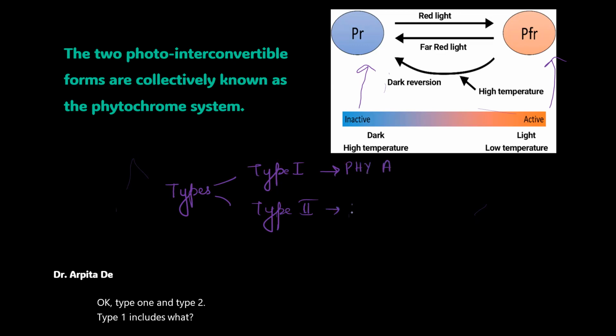PHY A, and type 2 includes PHY B, C, D, E. Okay, now see this PHY A. Please note this, I'm going slow so that you don't go wrong at any point.